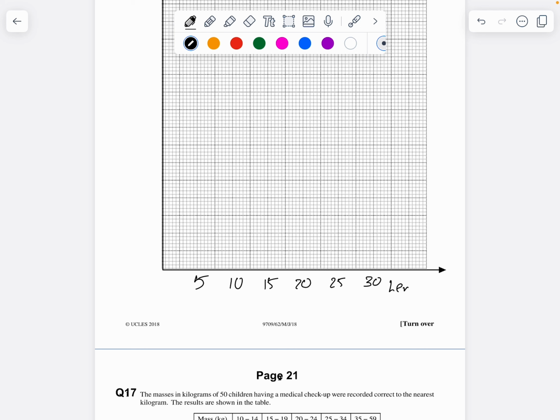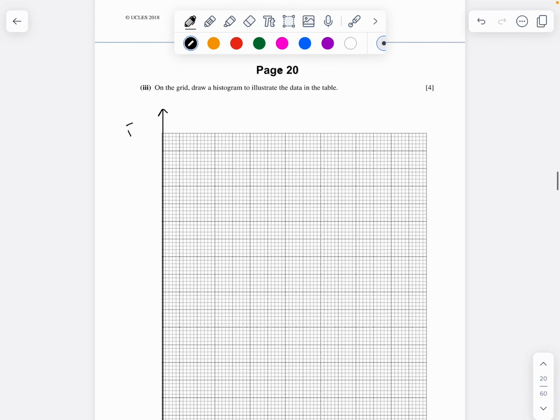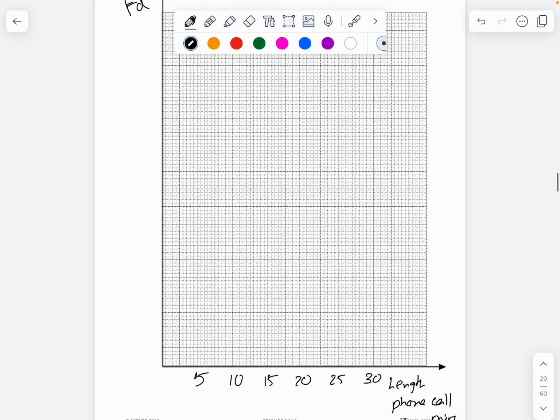This is nothing but the length of phone call in minutes. And over here is the frequency density. And the frequency density maximum is up to 50.